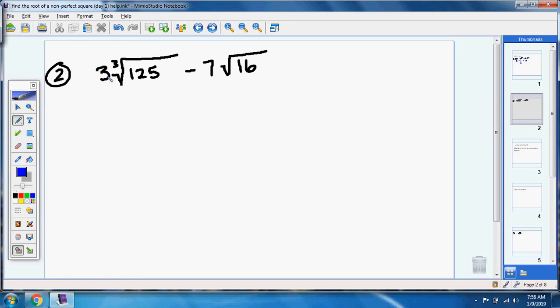All right, so I have 3 multiplied by the cube root of 125. So again, what's the cube root of 125? 5, so 3 times 5 is 15.